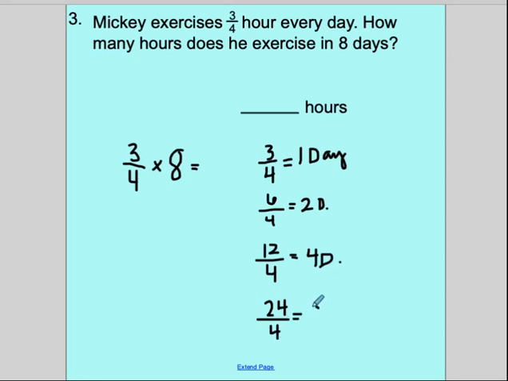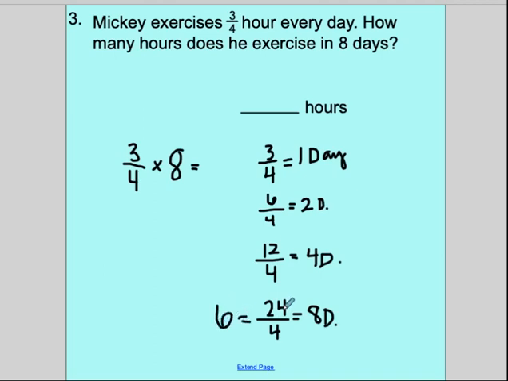Now, the whole thing, though, is this is an improper fraction. So we have to turn it into either a mixed number or a whole number, right? So 24 fourths, well, 24 divided by 4 makes 6. So this is equal to 6 hours, right?